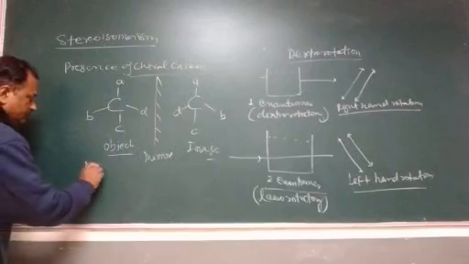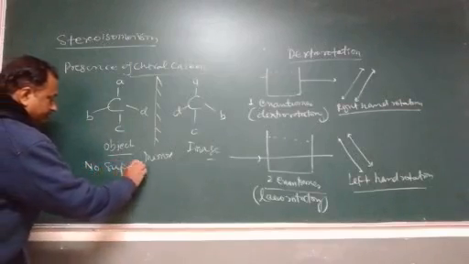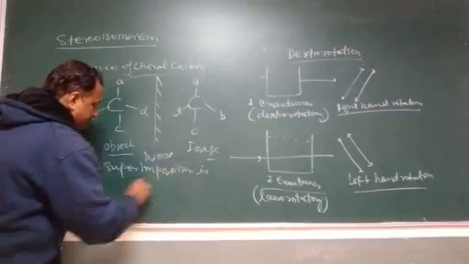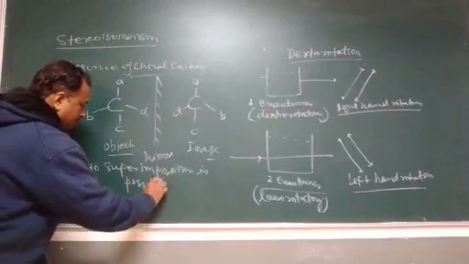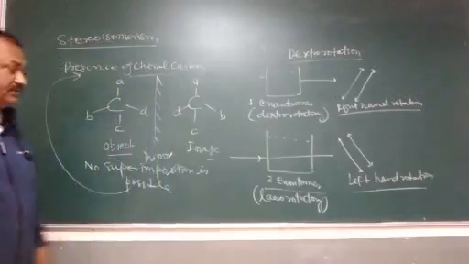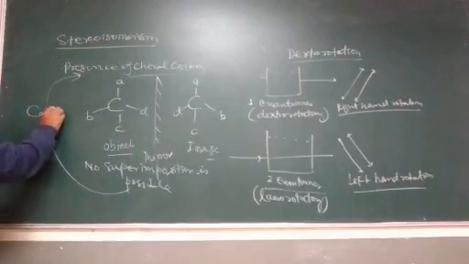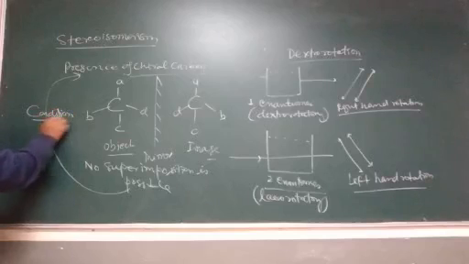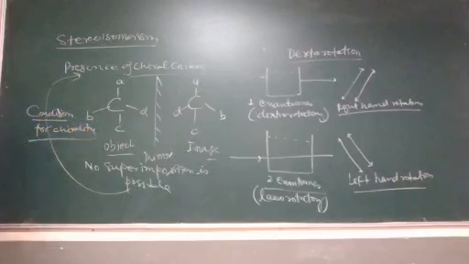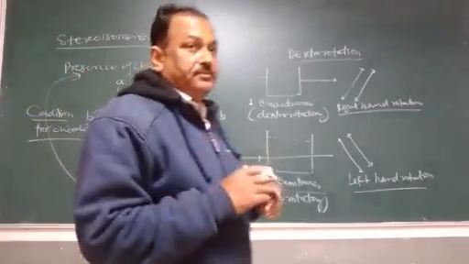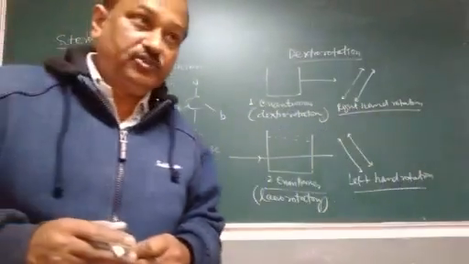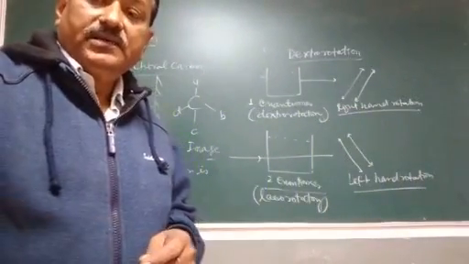No superimposition is possible, and this is the only condition for chirality. So this is the basic point about stereochemistry, stereoisomers, enantiomers, racemization, etc.